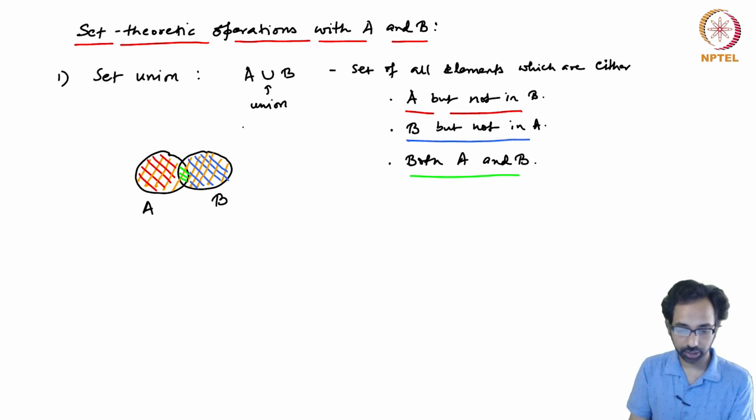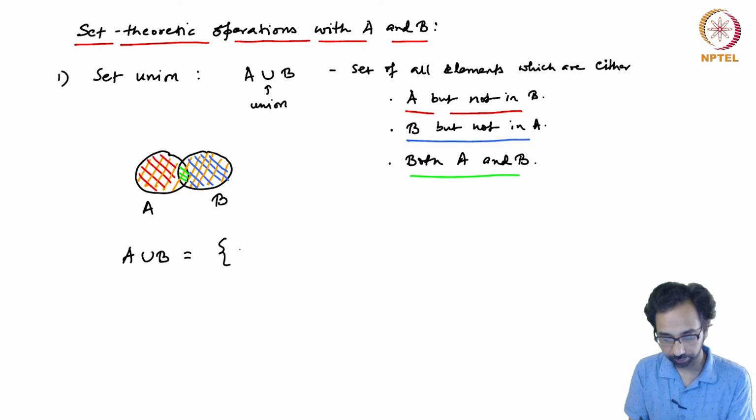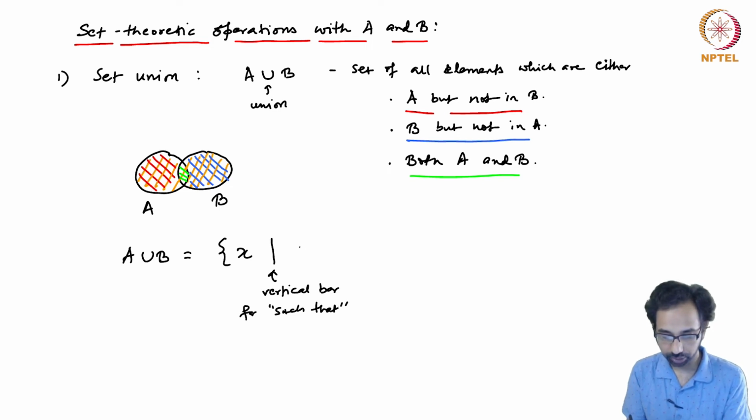Okay, and in terms of mathematical symbols, we write as follows: the set of x such that, this vertical bar is a notation which is pronounced in words as "such that", x is in A or x is in B.